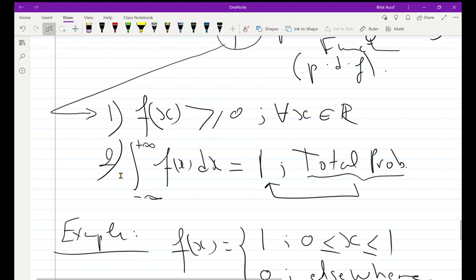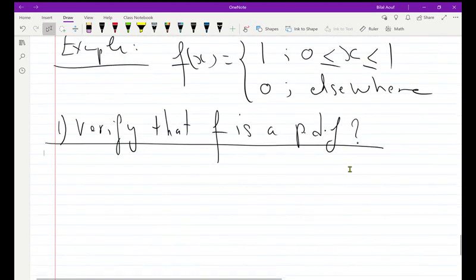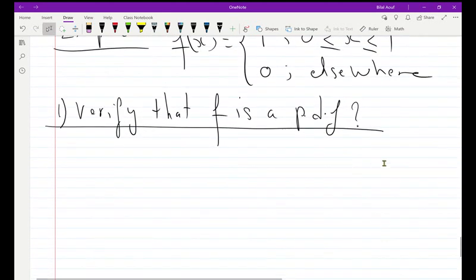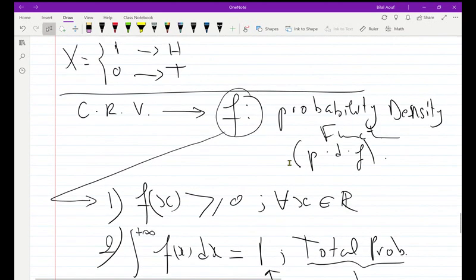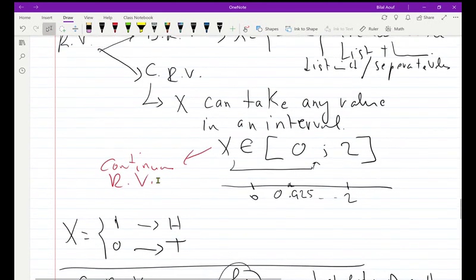So what I suggest to you, always plot or trace the line, the x-axis line. Since I'm talking about a one variable function, always trace this line, the x-axis line, and put the interval, as I mentioned also before, that a continuous random variable must be defined on an interval.